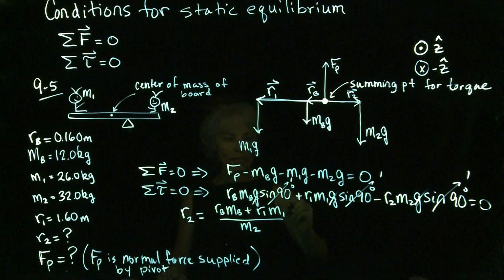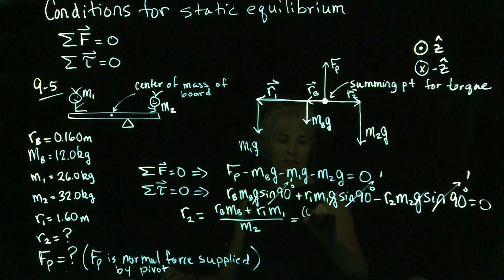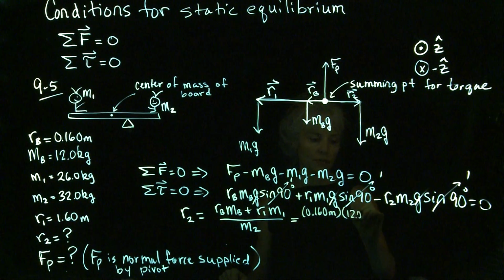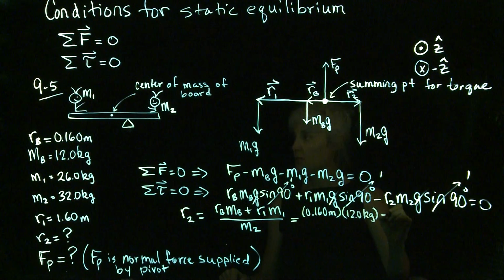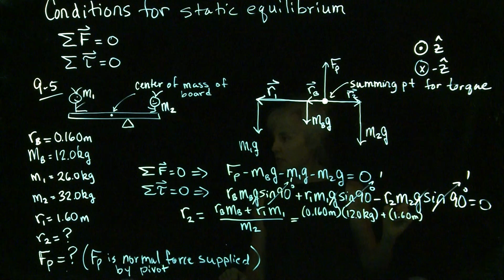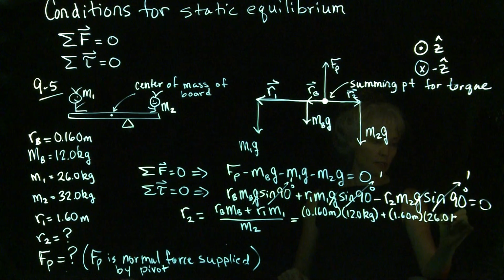All right, so now going ahead and plugging in values. RB is 0.160 meters times MB, which is 12 kilograms. And then we're going to subtract, or sorry, add R1. R1 is 1.60 meters times M1, which is 26.0 kilograms.